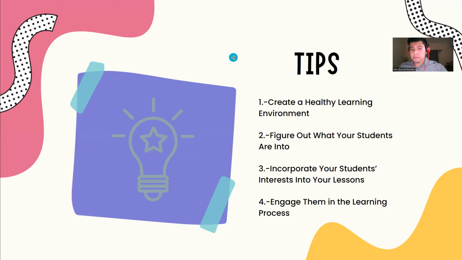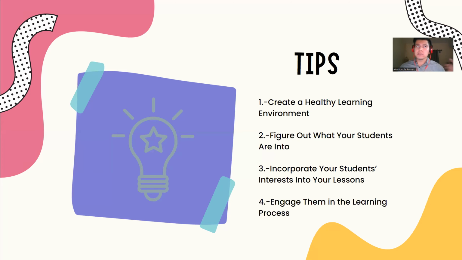Here we have some tips that are given in the paper to help motivate our students. Some of them are to create a healthy learning environment for the students to feel safe and secure. The second one is to figure out what your students are into.